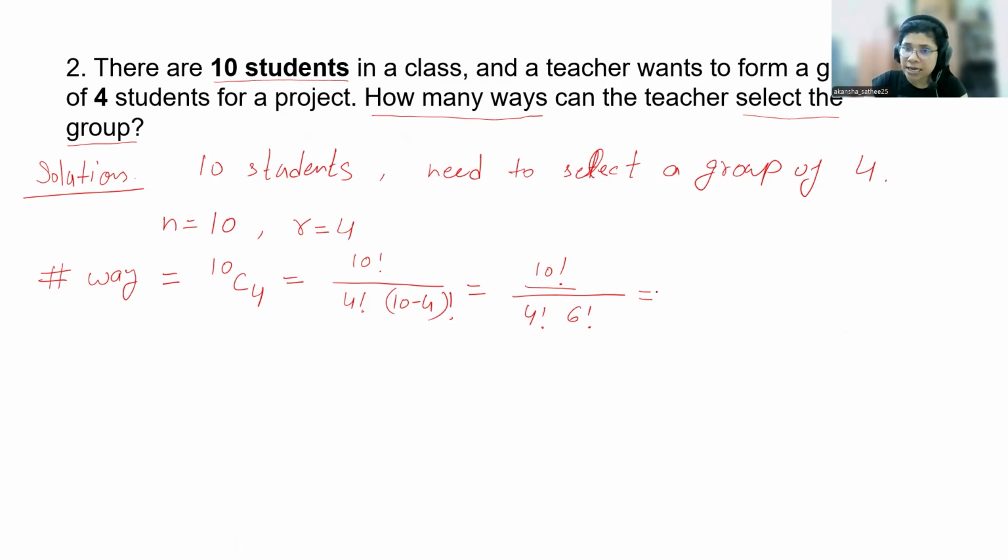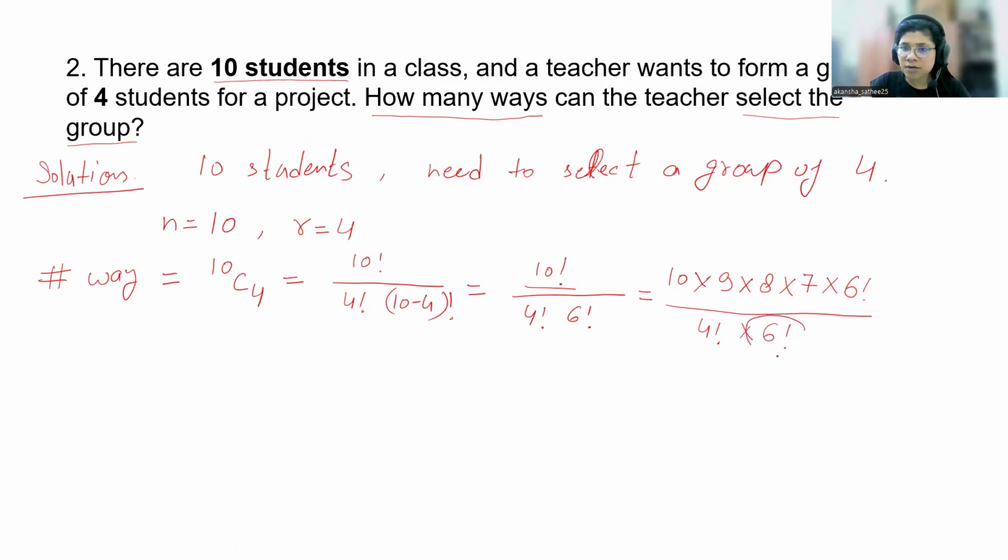You can easily write your 10 factorial as 10 into 9 into 8 into 7 into 6, 5, 4, 3, 2, 1, right? And that is same as 6 factorial. Is that fine? Now, divided by 4 factorial into 6 factorial.